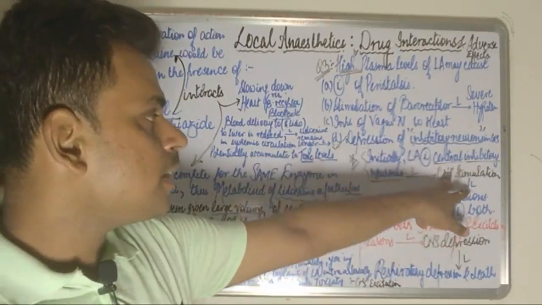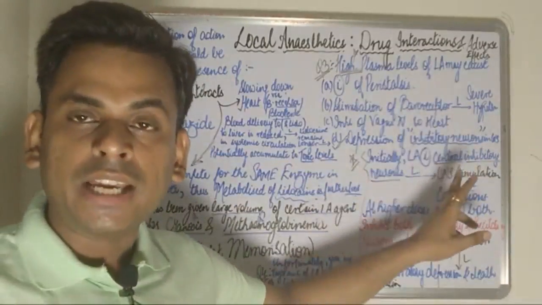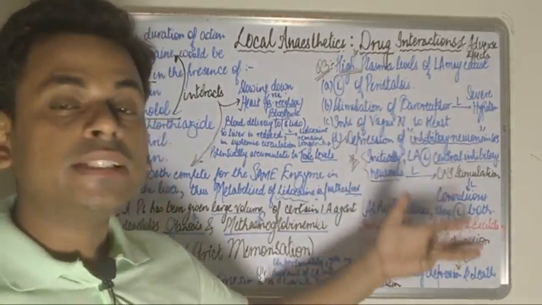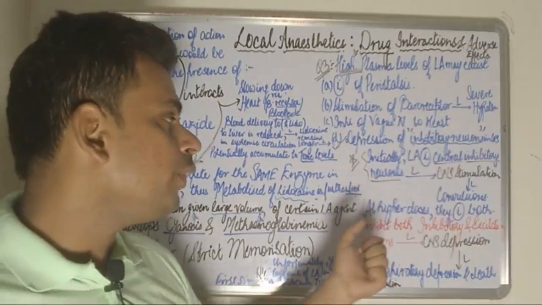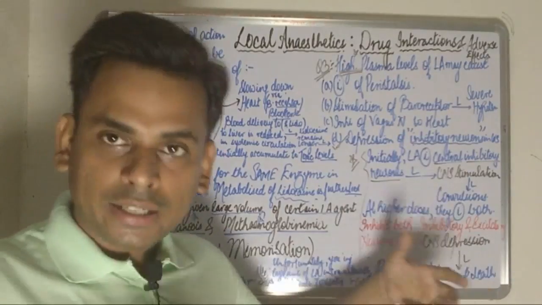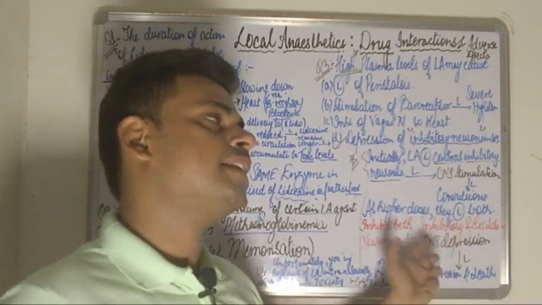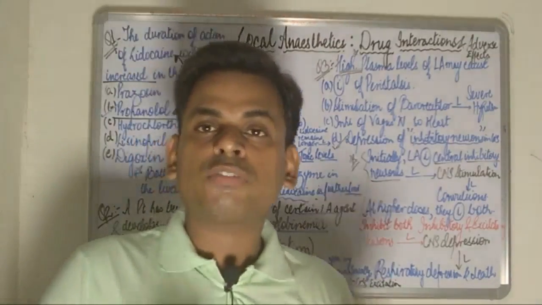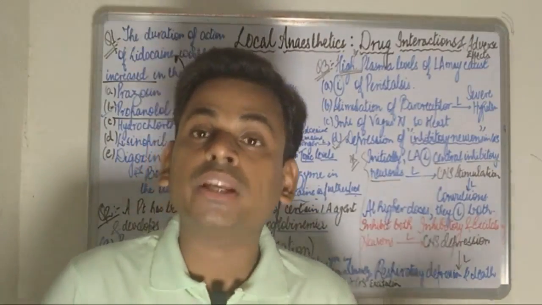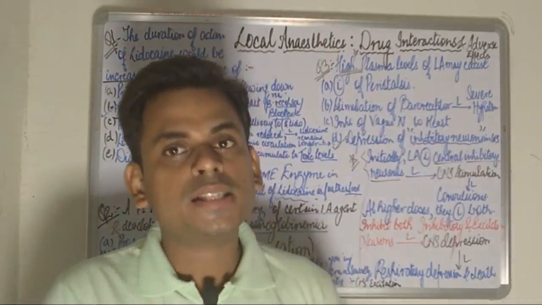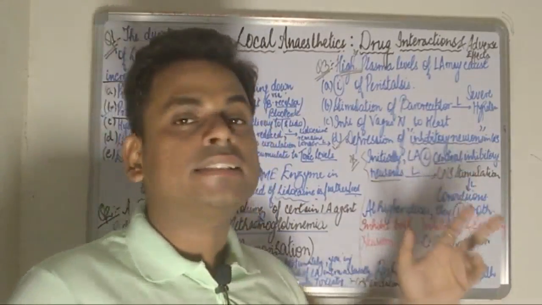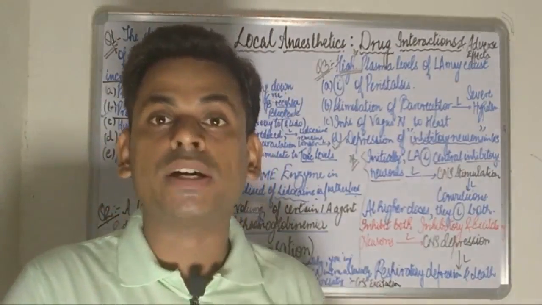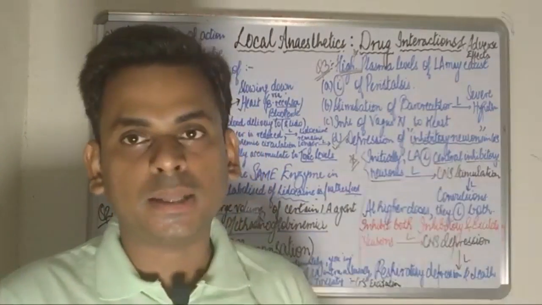So CNS stimulation is the first sign mostly seen, and at later stages, if the drug has a longer duration of action, CNS depression can occur. If you find in a patient that the patient is showing convulsions, it is mostly due to CNS stimulation, which is the initial adverse effect seen.